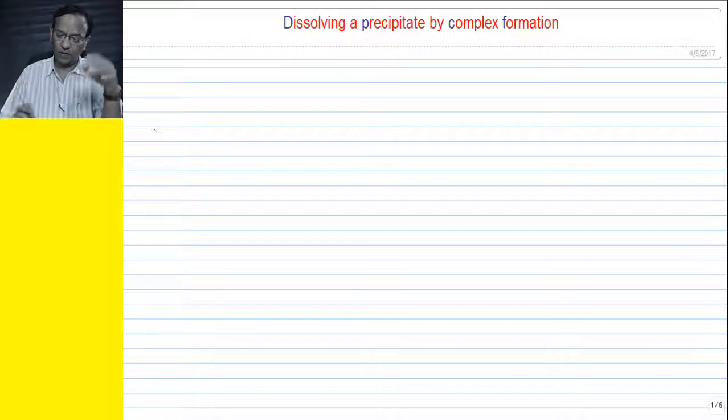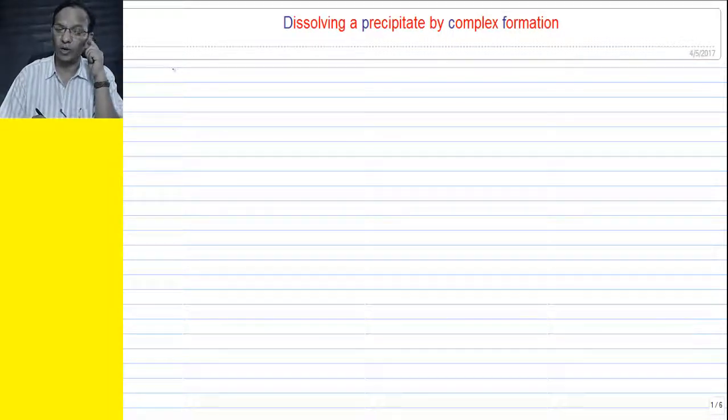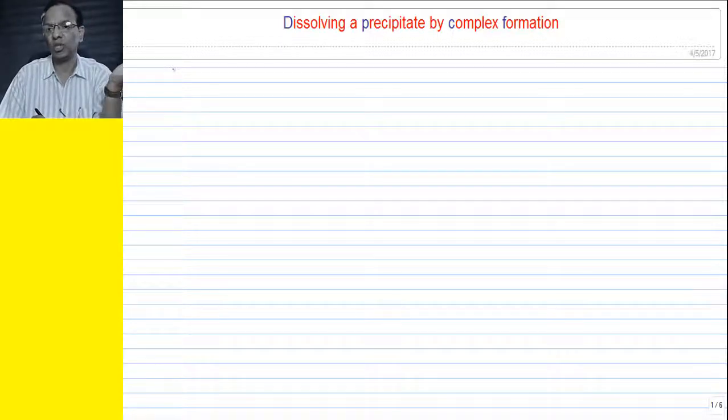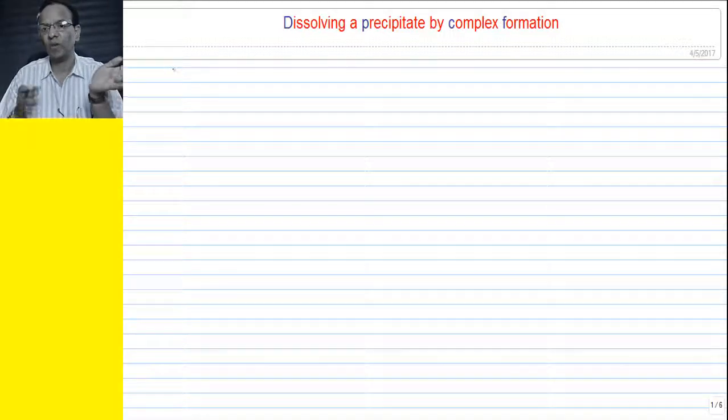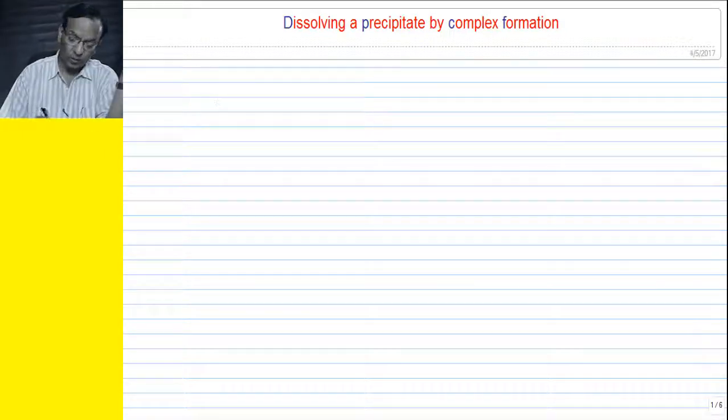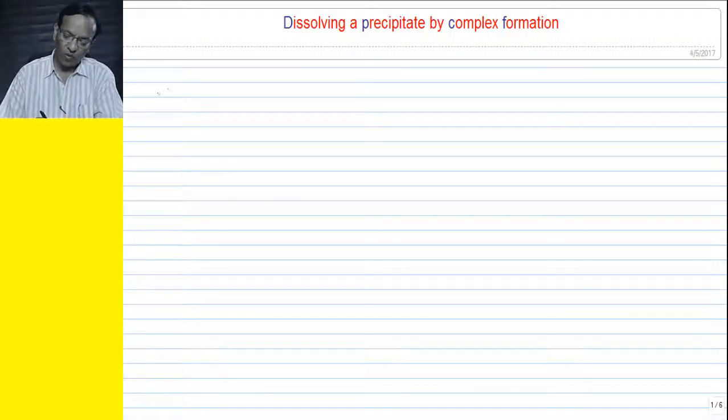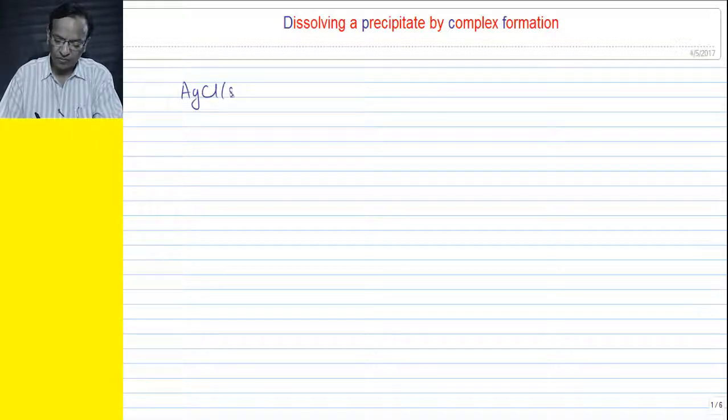So how complex formation is going to affect the solubility of a sparingly soluble salt and how it is calculated quantitatively is going to be the point of discussion in this video. So let us suppose we want to dissolve silver chloride precipitate in ammonia.